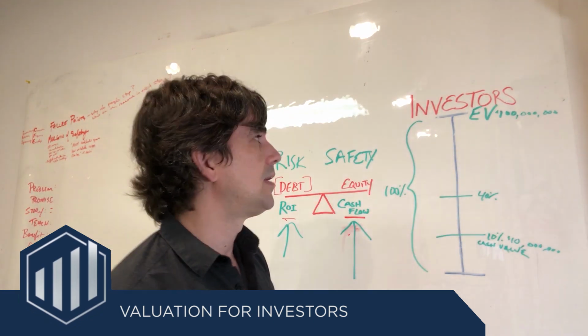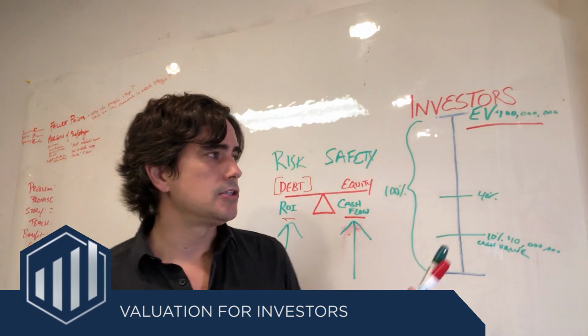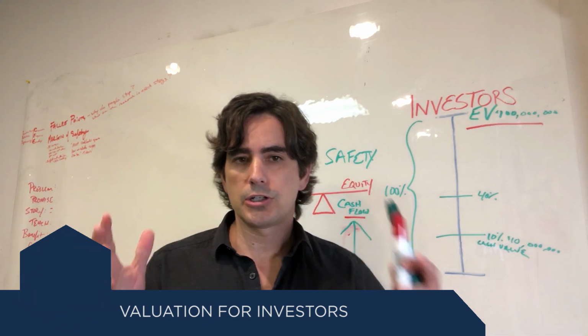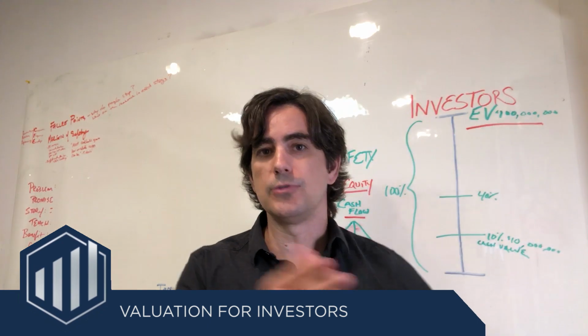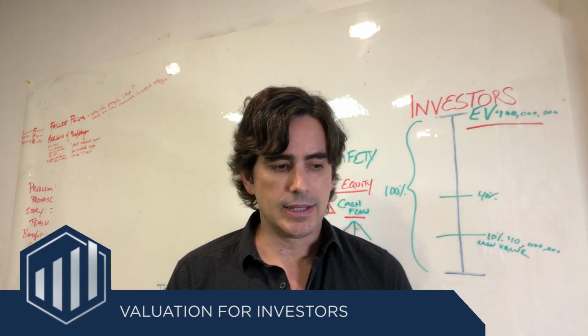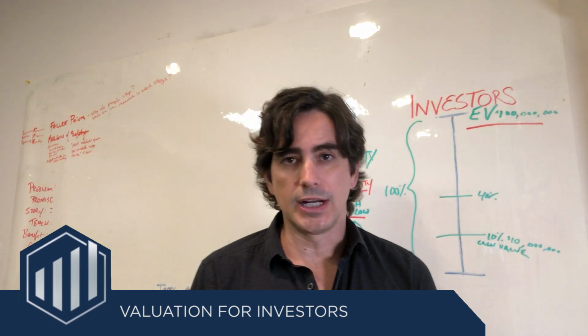So the first thing I want to talk about is, I think the default setting is a lot of people like to think about, okay, the enterprise value is 100 million, and so I'm going to charge a pari passu equivalent to the enterprise value to the investor, okay? And there's a couple of reasons why I don't think that's actually the right answer.